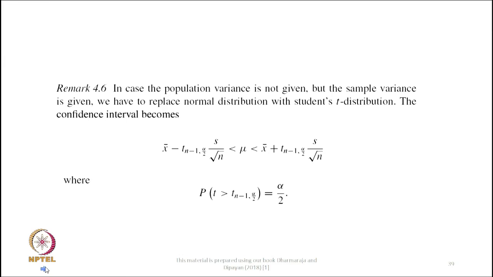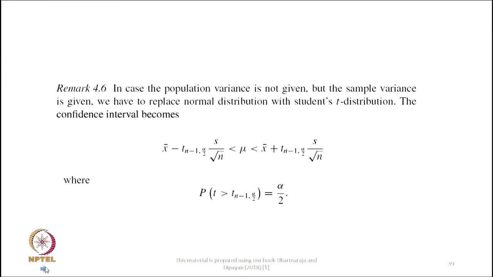Obviously, in the earlier derivation x bar is normally distributed with the mean mu and the variance sigma square by n. Therefore, you use the statistic z is x bar minus mu divided by sigma by root n, which is the standard normal distribution. You cannot use that statistic now.